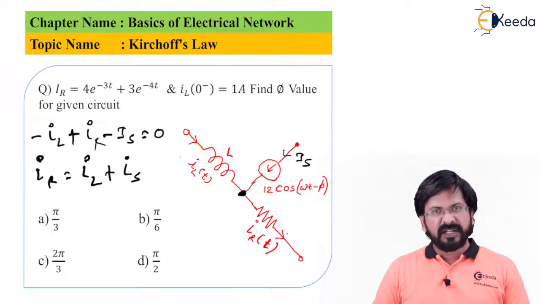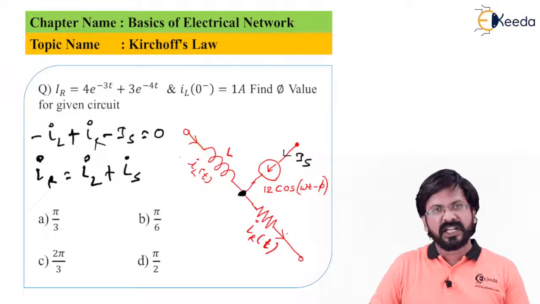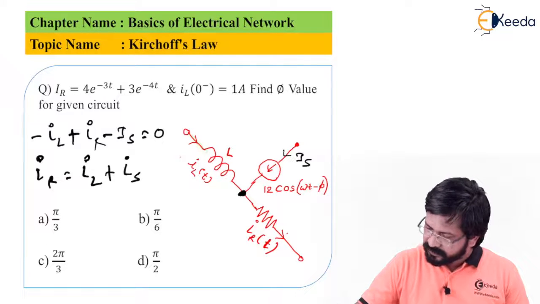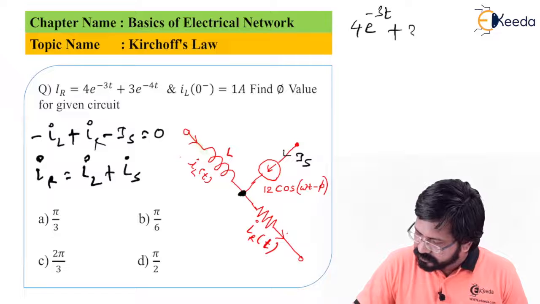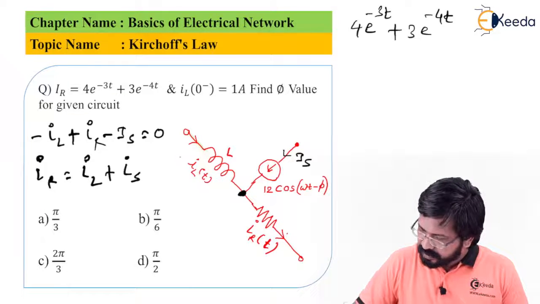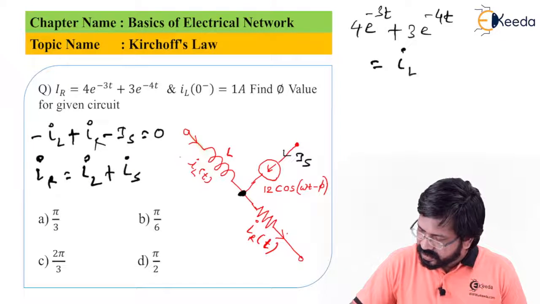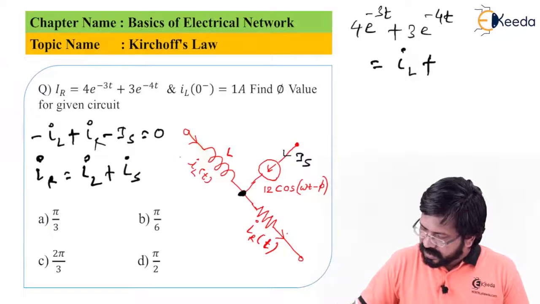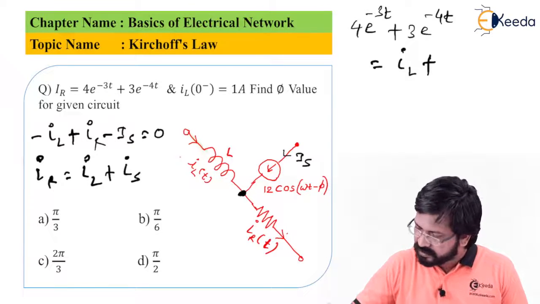Let us substitute their values. IR is 4 plus e to the power minus 3t plus 3 into e to the power minus 4t, equal to IL plus, now I will substitute the IS value, which is 12 cos of omega t minus phi.